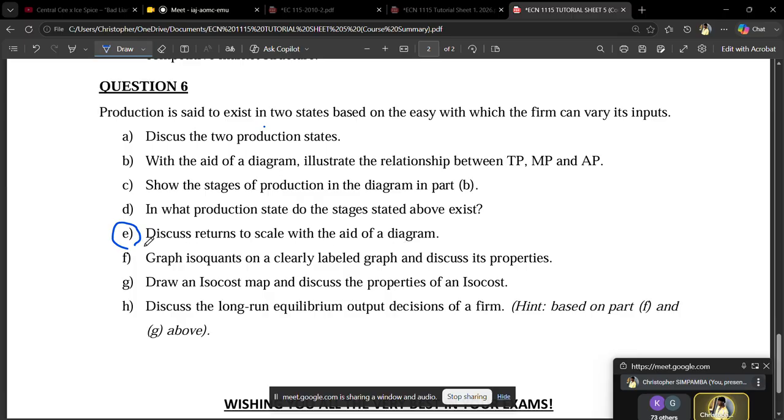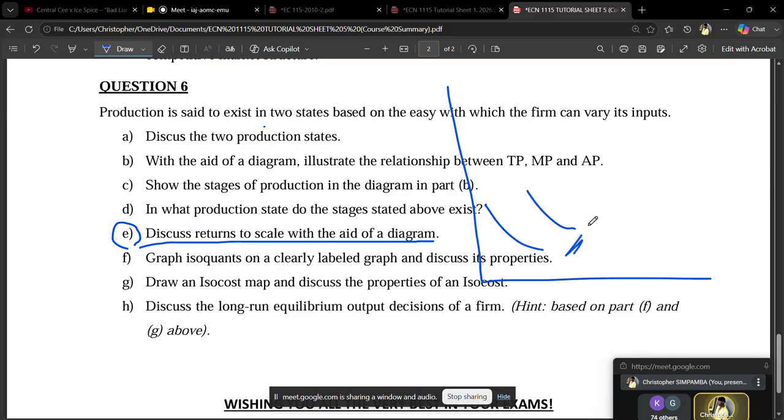So if you've seen this graph, we're going to do the exact thing that we were just asked. We draw the graph, we show that here it is constant returns. If we have another thing, it is increasing returns. If we have something like that, we have decreasing returns to scale.